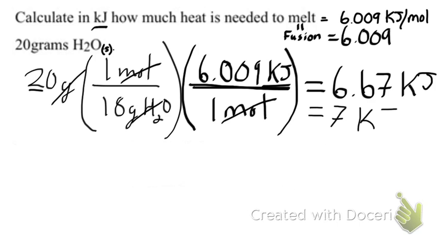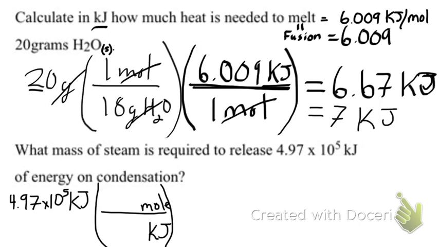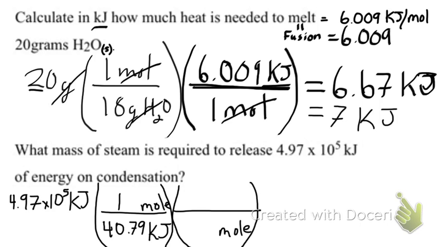So, kilojoules and moles. 1 mole, because it's boiling, 40.79 kilojoules. So in front of kilojoules, you'll always only have one of 2 numbers, either 40.79 or 6.009. Next up, only one way to cancel moles. It's with moles.